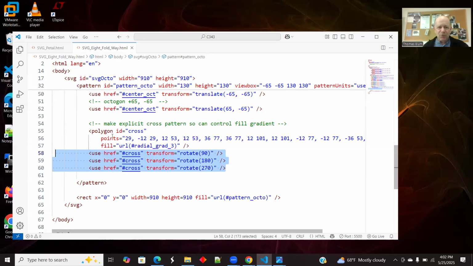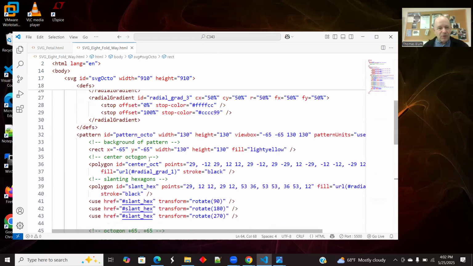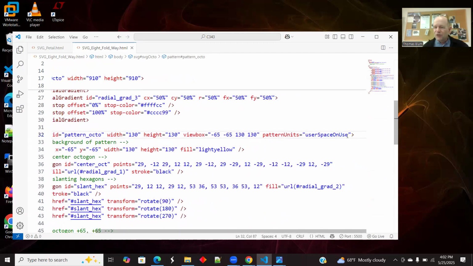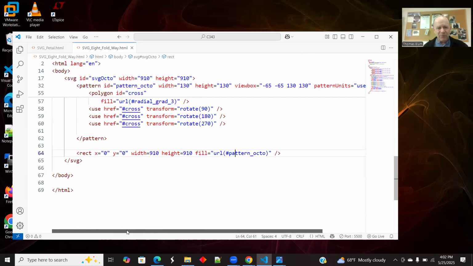So I can just take my one cross and rotate it 90, 180, and 270. And then finally, when I'm done with my pattern, I use that pattern. Because of the user space on use, when the pattern has that property and I'm using it as a fill, it does a nice simple tiling for me. And that filled it in.